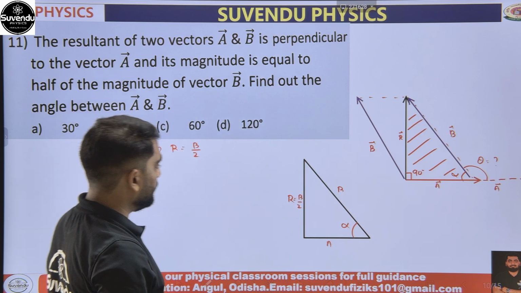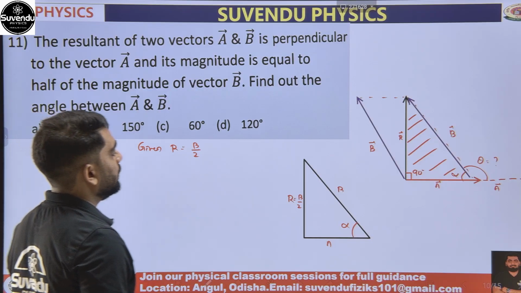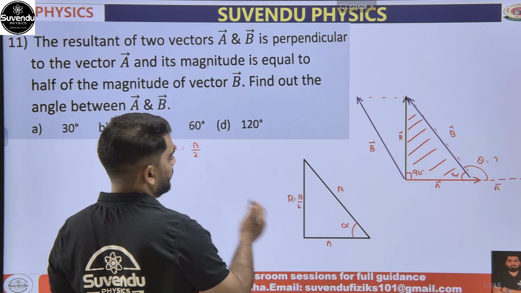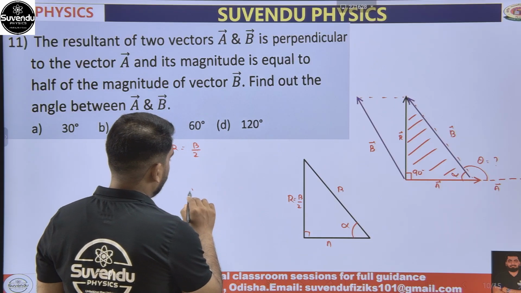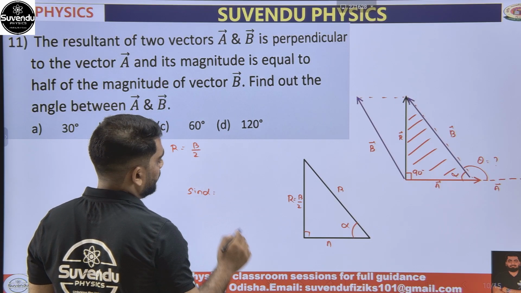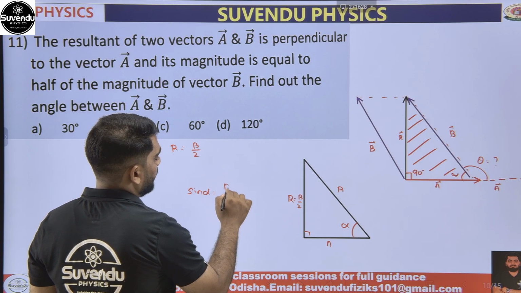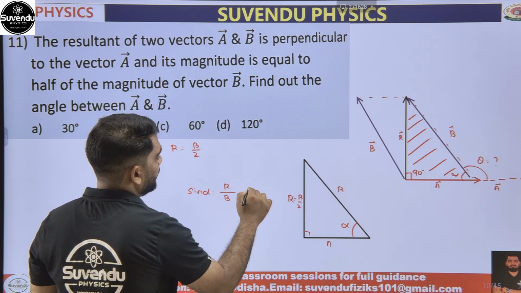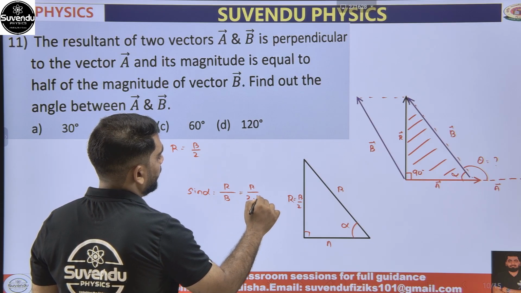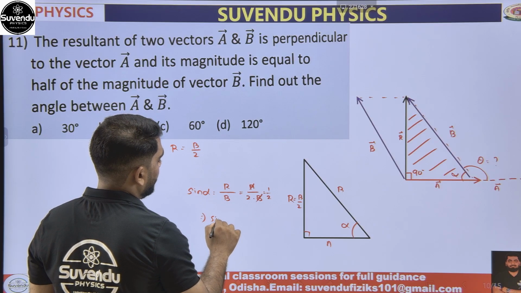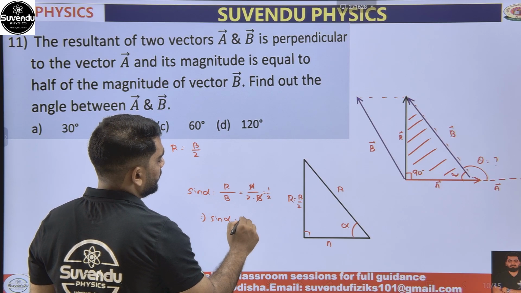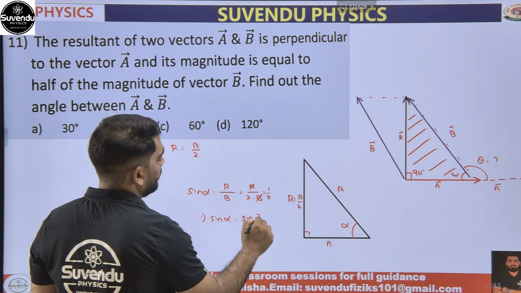So what is sin alpha in this case? Sin alpha is equal to perpendicular by hypotenuse, r by b. So r is equal to b by 2 by b, how much? 1 by 2. That means sin alpha is equal to 1 by 2, means sin 30 degree.